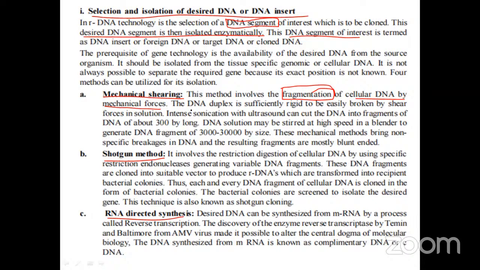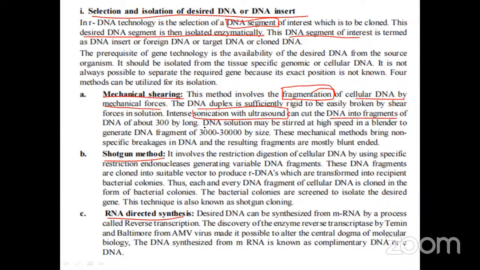Also, in this mechanical force we use sonication with ultrasound. This sonication can cut the DNA into fragments about 300 bp long. The DNA solution may also be stirred at high speed.